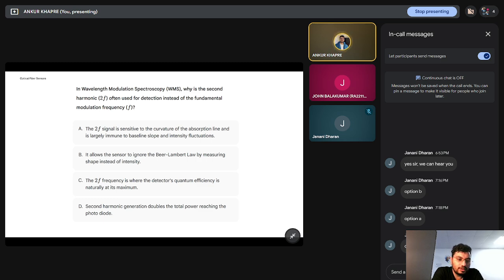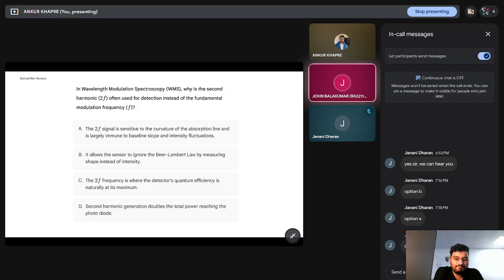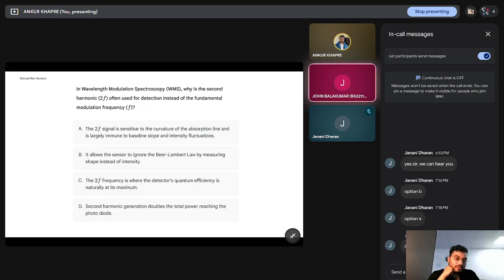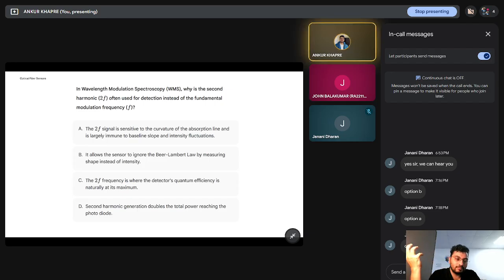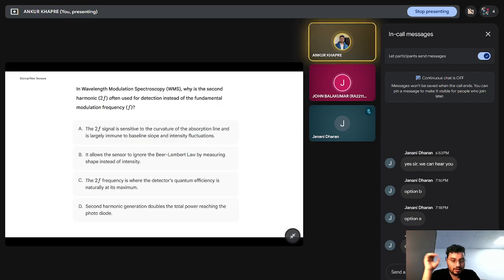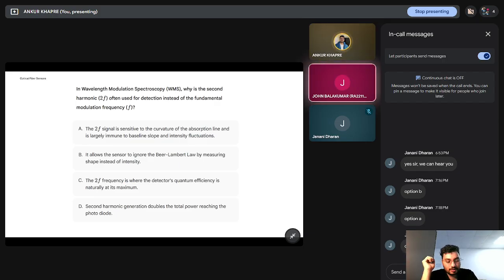Yeah, John, actually, if you are talking about the second harmonic generation, the power will drastically reduce, because of the absorption, and after that you can say that this is a non-linear process. Yes. So obviously we are not using the second harmonic generation for doubling the power.